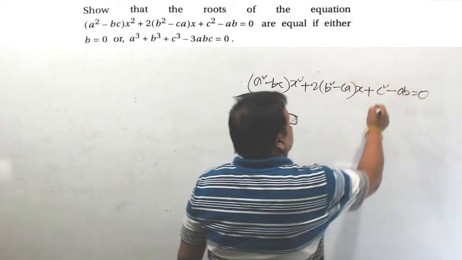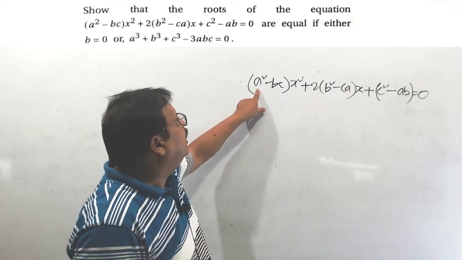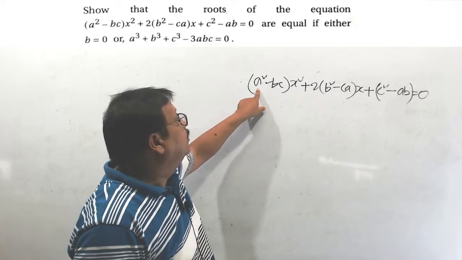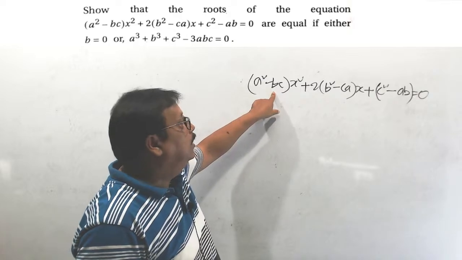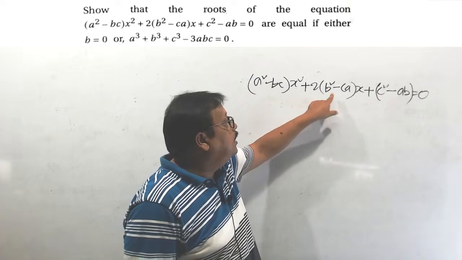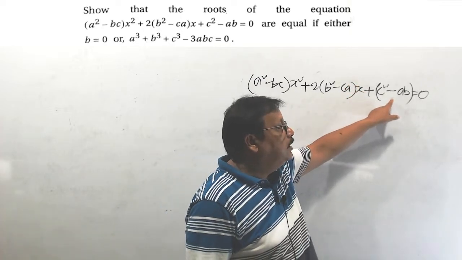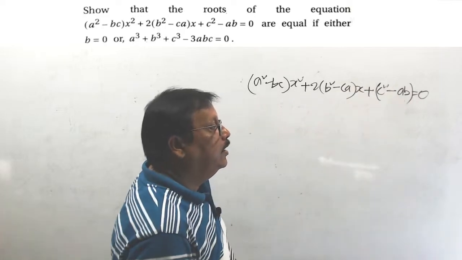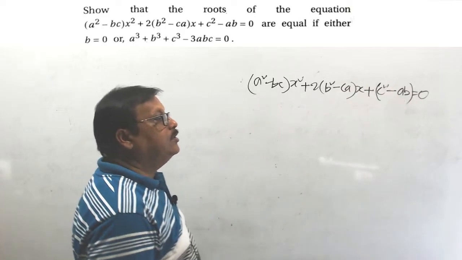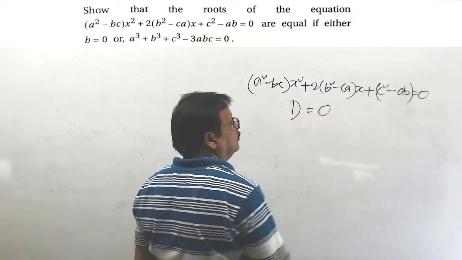Understood? Check again. (a square minus bc) x square plus 2 into (b square minus ca) x plus (c square minus ab) equal to 0. The roots are equal.